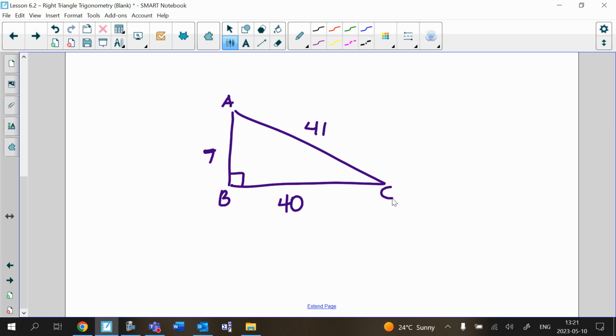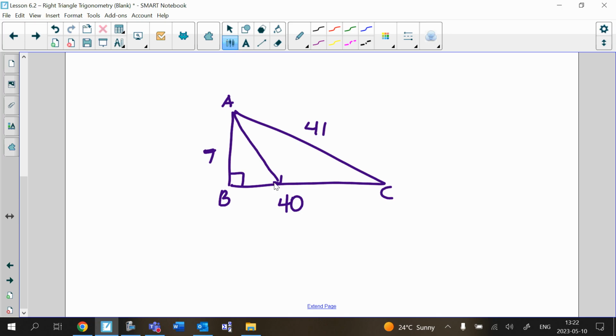Because from C, if we draw an arrow out from C, the side that we're going to hit is the opposite side. What side is the hypotenuse? 41. What side is adjacent to angle A? Right. How do you find the adjacent? Well, we know this is the hypotenuse. If we draw an arrow out from A, we're going to hit the opposite side, which means by elimination, this must be the adjacent side. Okay?